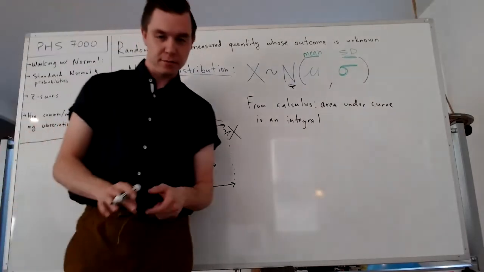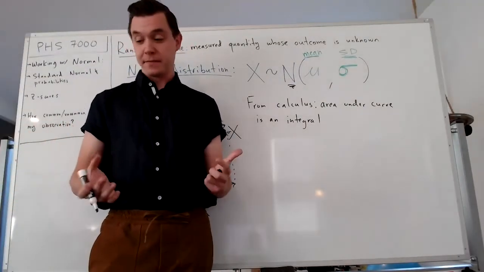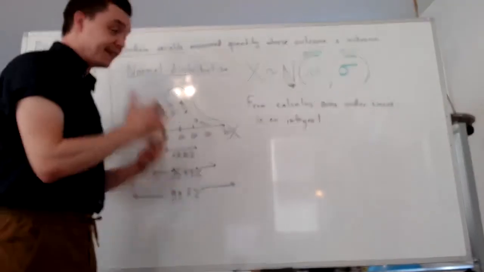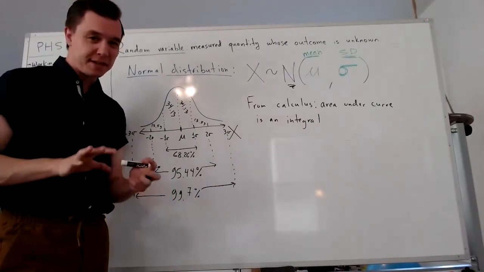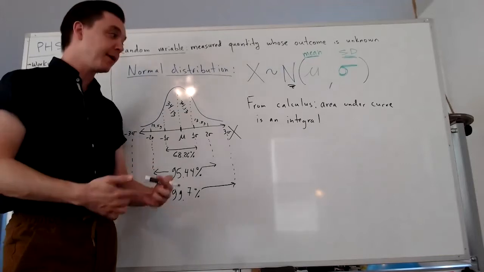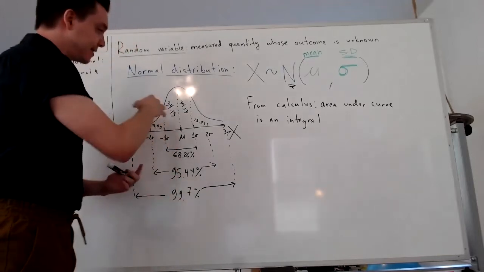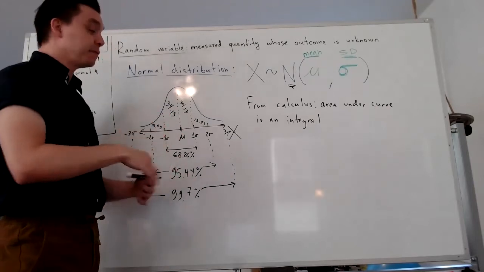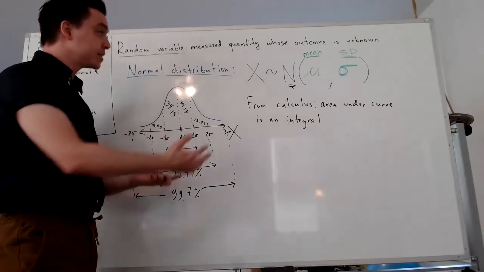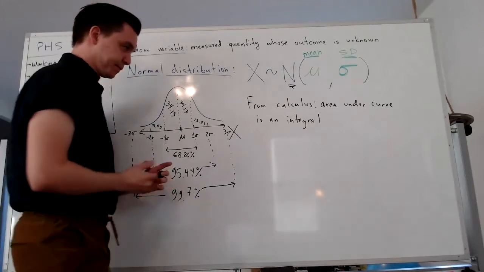Now, before you guys start freaking out, we will not have to integrate in this class. And the normal distribution is quite difficult to integrate as is. But I would like to demonstrate that these are not just numbers out of thin air, that these numbers can be verified using any normal distribution.